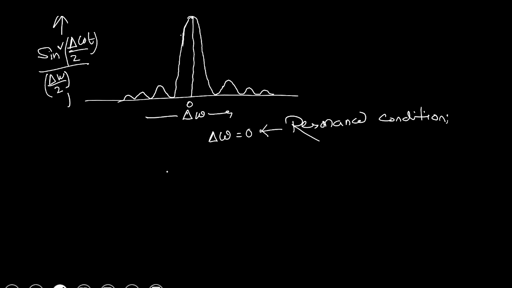So we know delta omega equals omega FI minus omega.